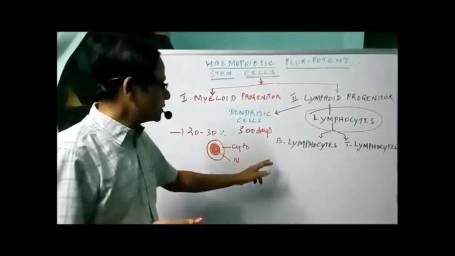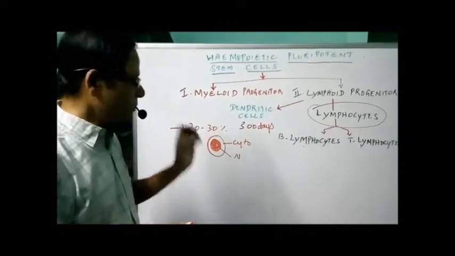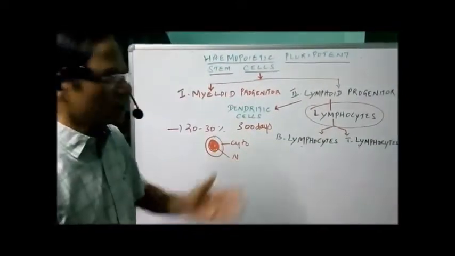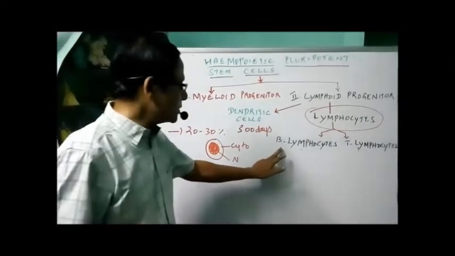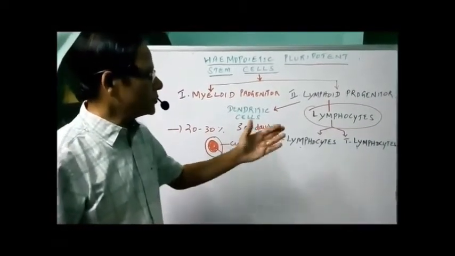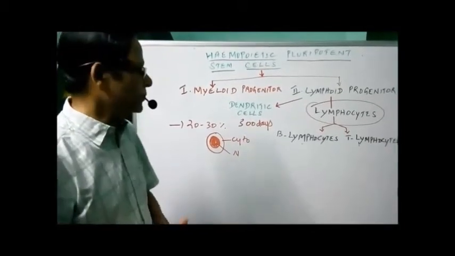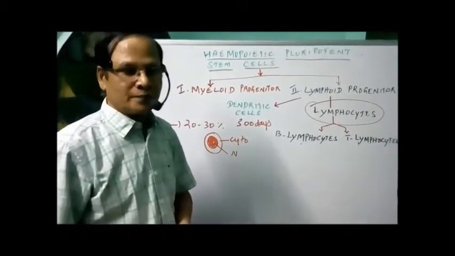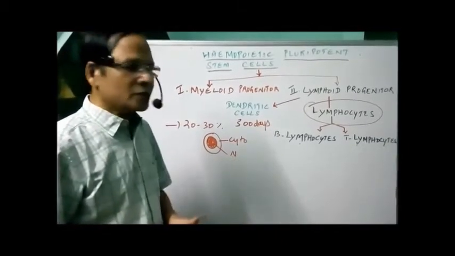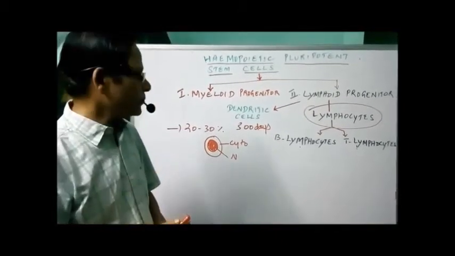So, both have a common origin, being produced in the bone marrow. But the maturation of the B lymphocytes occurs in the bone marrow, whereas the maturation of T lymphocytes occurs in the thymus gland. That's the main difference. After the formation, they circulate around the body.